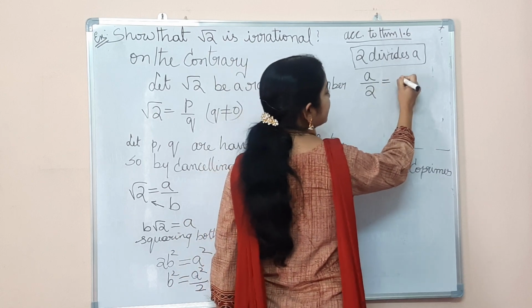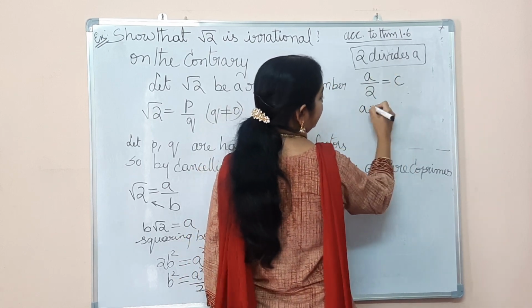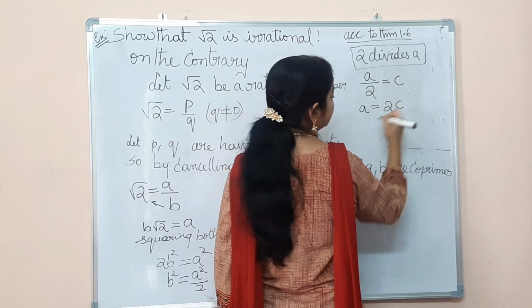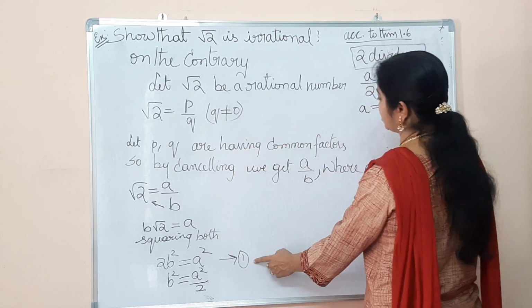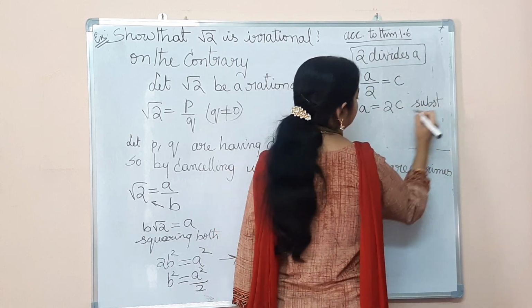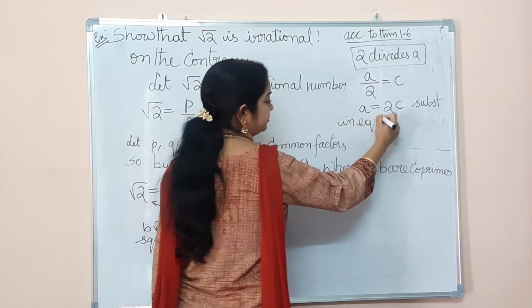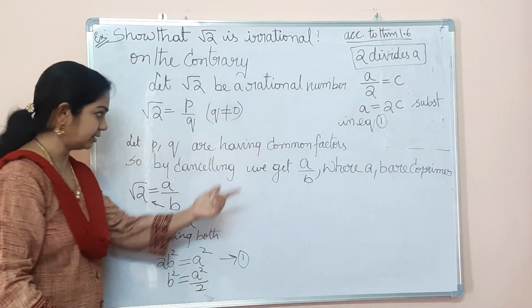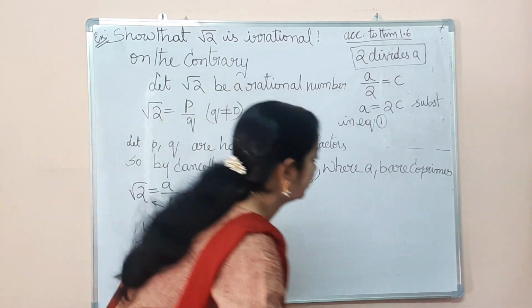Let me suppose this as C. If you cross multiply, A is equal to 2C. I will substitute the value of A in equation 1. Okay, see here.